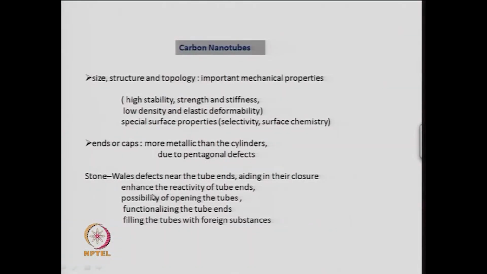Apart from that, you will have the Stone Wales defects, which is the 5 membered ring and the 7 membered ring, which were generated. They are also found where the tube ends, because that is where the curvature is required, that is where the defects are required.